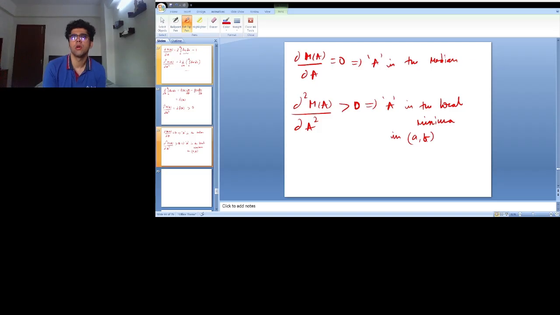If we are talking about the whole real line from negative infinity to positive infinity, we can say that it is a local minima, because we don't know if there is any other point. But in this specific interval from a to b, we can say that it is a global minimum in a particular interval, right?